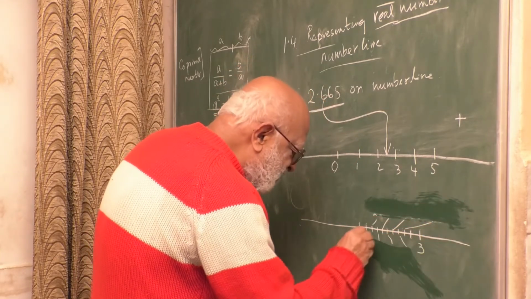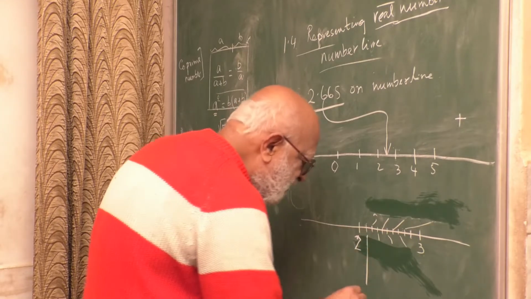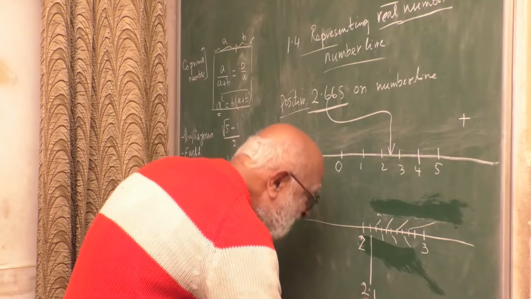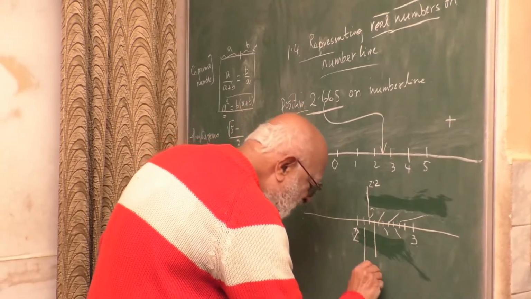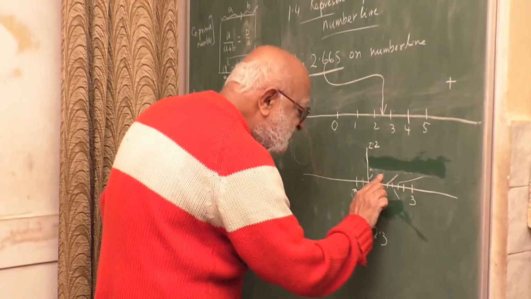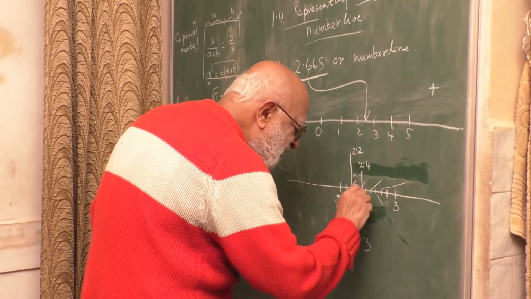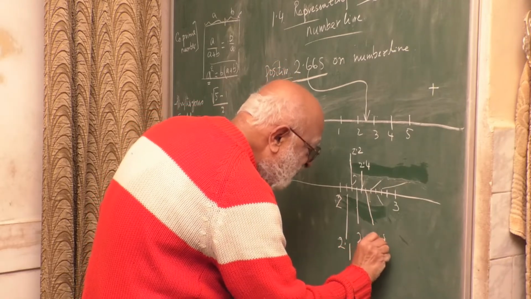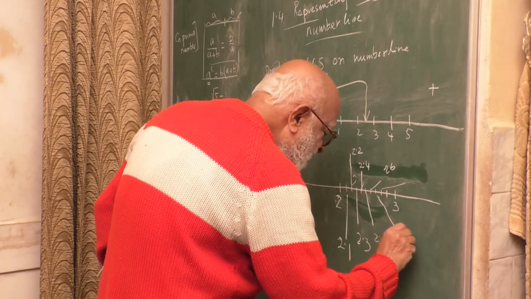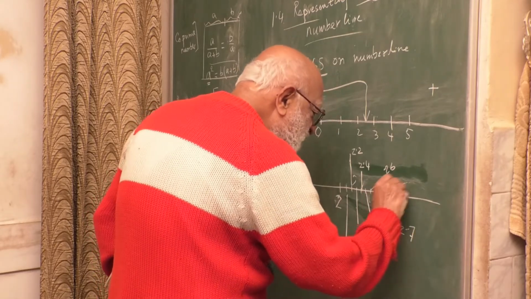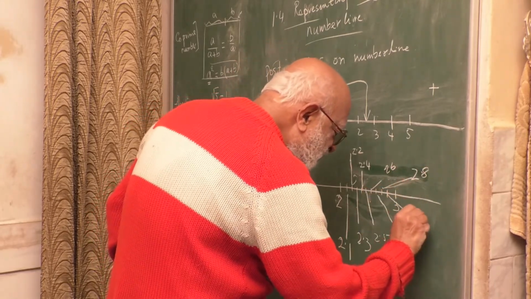So let us say here, this is 2, there is nothing wrong in it, this is 3. Let me put it so that there is no problem: 2.1, so this is 2.2, next one is 2.3, next one here would be 2.4, 2.5, 2.6, 2.7, 2.8, and this one is 2.9.